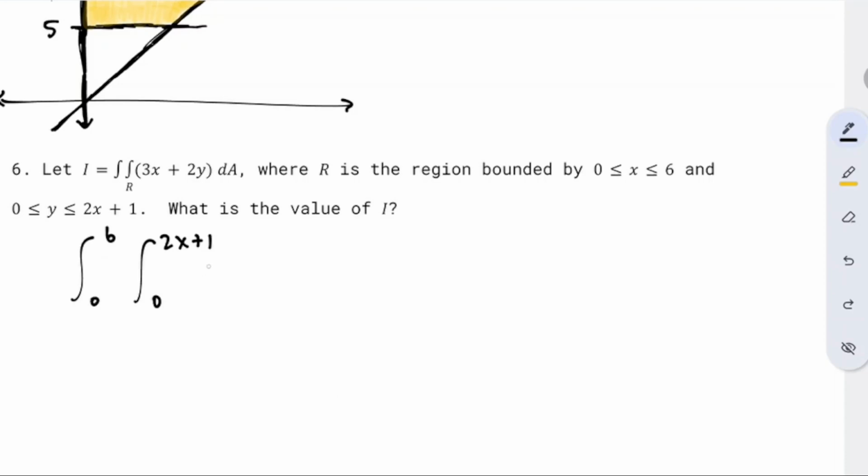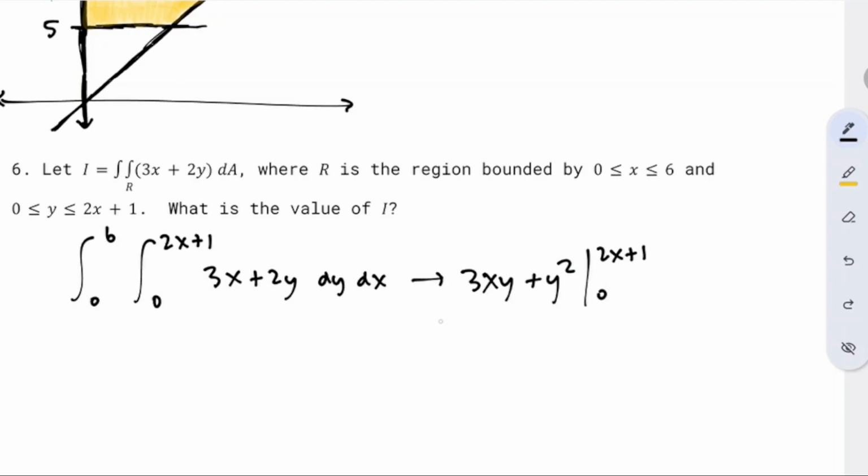All right, so 3x plus 2y. We did y first, and then x. We're going to take an antiderivative with respect to y. Oh, man. This is rough. I'm missing something here. I don't know if this one is better to reverse the order.